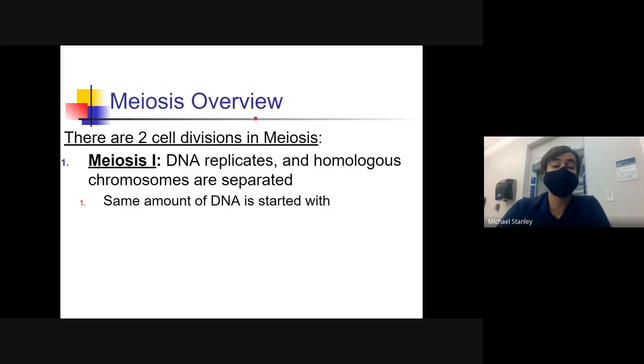One of the interesting things that happens in meiosis, though, is that when these chromosomes all line up down the middle of the cell, they go through that kind of metaphase state, something very peculiar happens, and it's called crossing over.